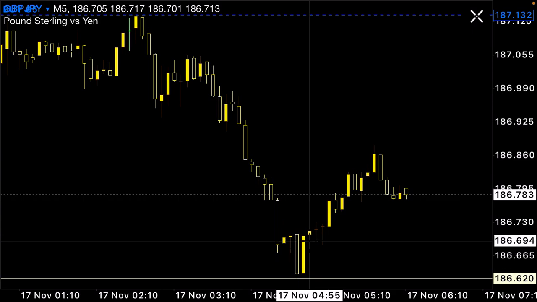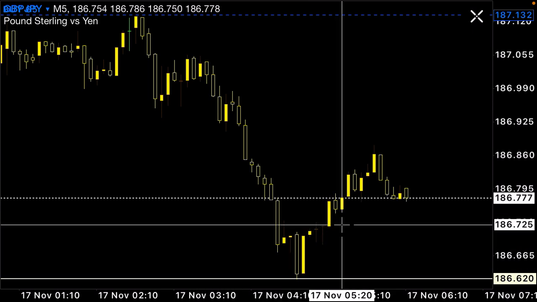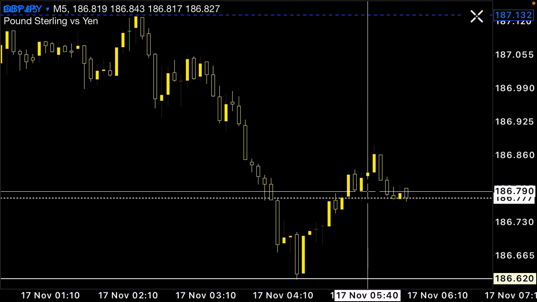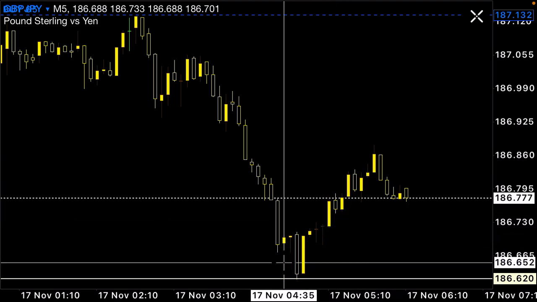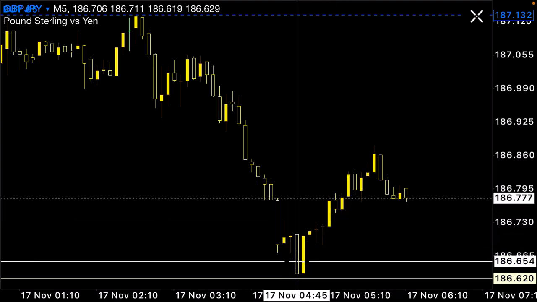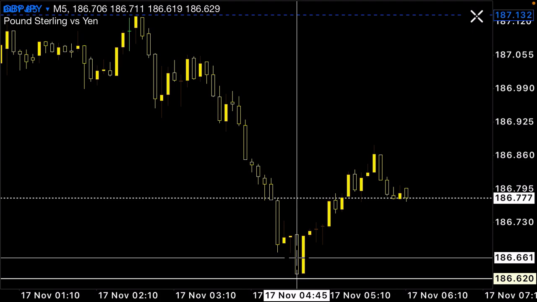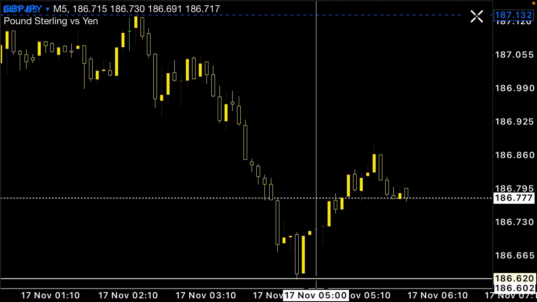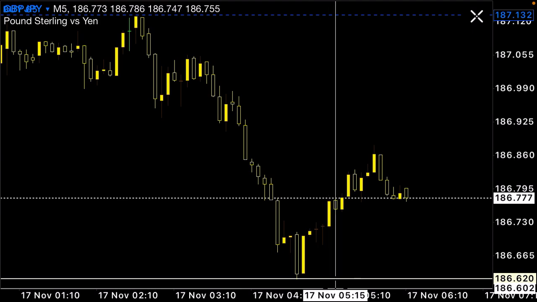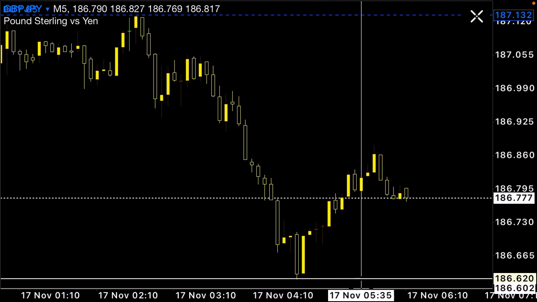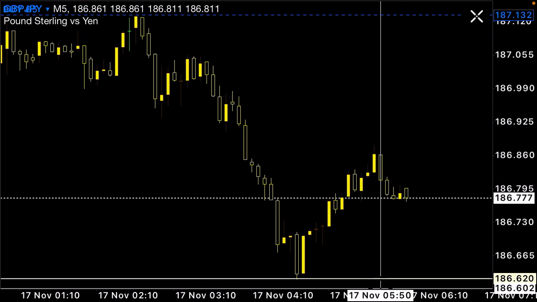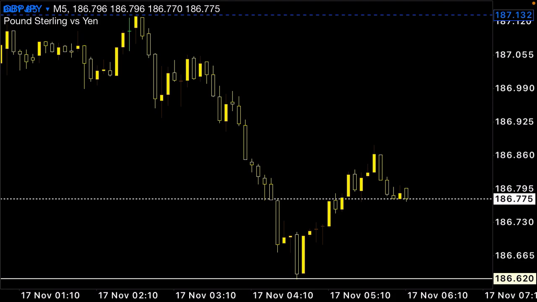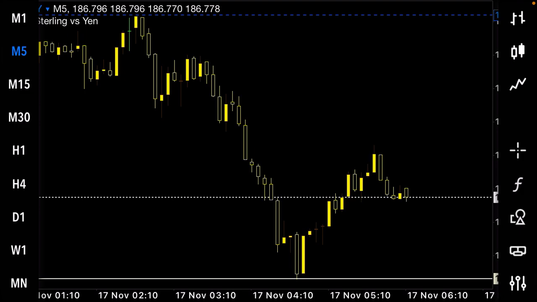Because each one of these bars right here, these candlesticks, each one is 5 1-minute bars. So there's 1, 2, 3, 4, 5, 6, 7, 8, 9, 10, 11, 12, 13 5-minute bars in this move up. And then go to the 1 minute.